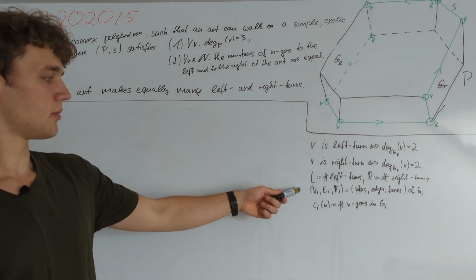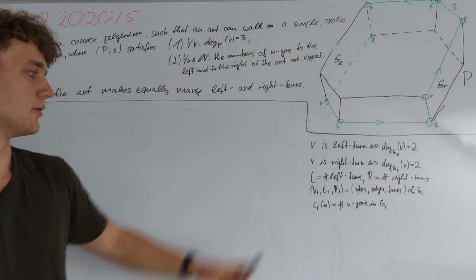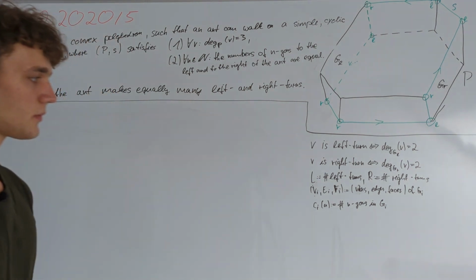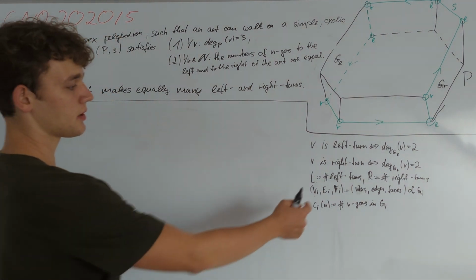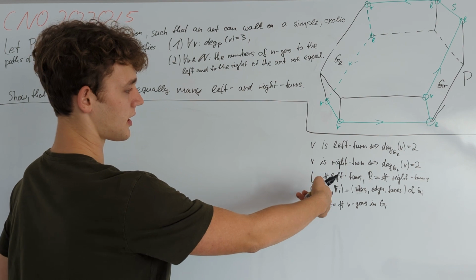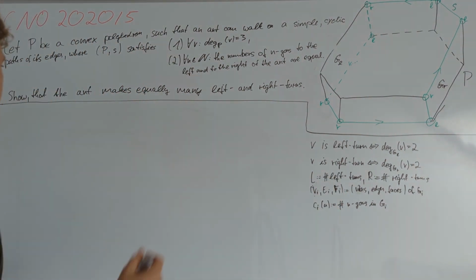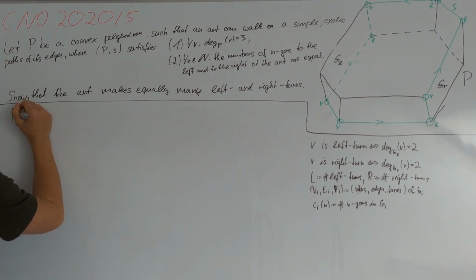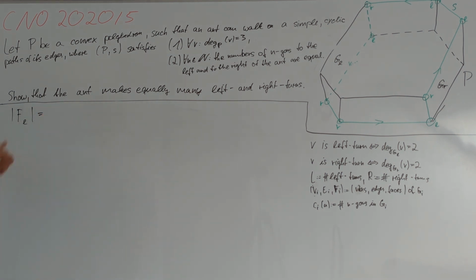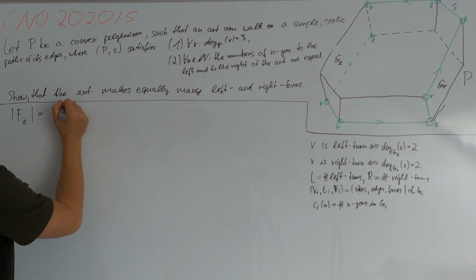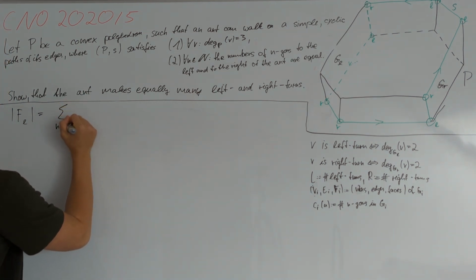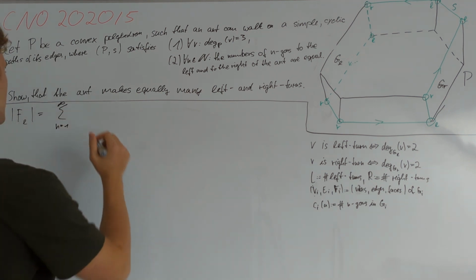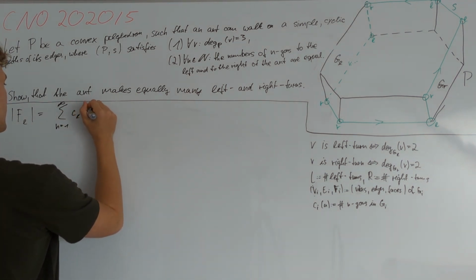Okay, so take a moment to take in all of these new variables and 2 functions. We're going to prove the next step, that these 2 triples for L and R are equal. So what can we do? For example, we know that the magnitude of the set FL, so the number of faces in GL, is nothing but the sum from n equals 1 up to infinity of CL of n.